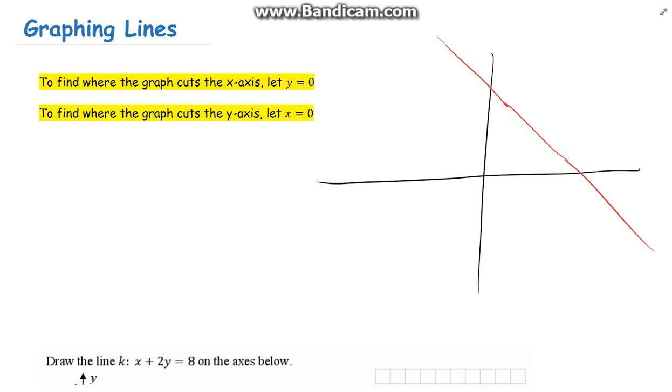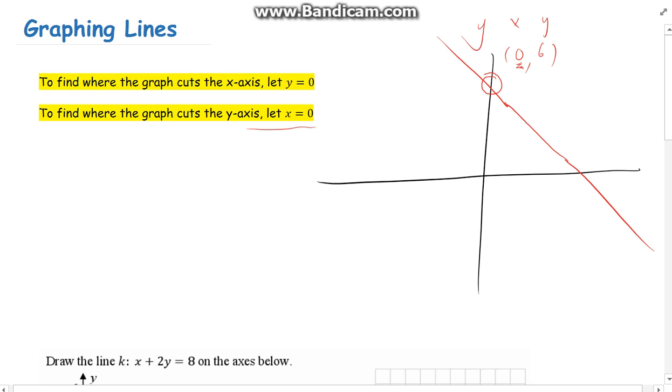To find where it cuts the y-axis, if you had to estimate that point, we'd say 0, 6, something like that. Our x value was 0 and our y value was 6 or 7, whatever it was going to be. But we knew that was the y-axis, so we let x equal 0, and x was 0 there.